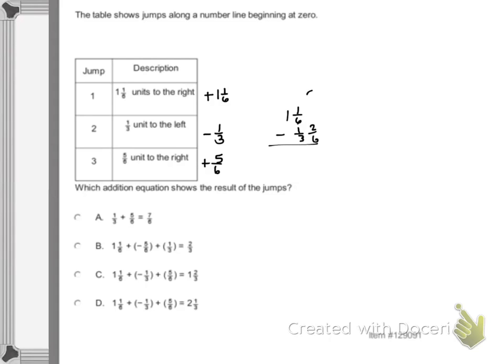I have to borrow, that's a 7/6, so I get 5/6. Now I'm going to add this 5/6, and I get 10/6. I'm going to divide this by 2, and I get 5/3. Hopefully they simplified it right. So I get 1 and 2/3. So the answer here is C.